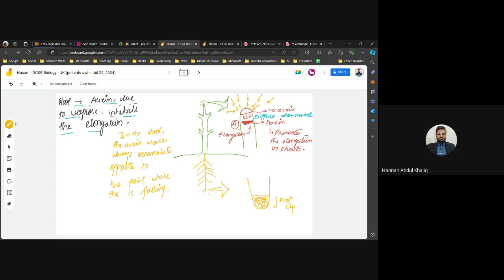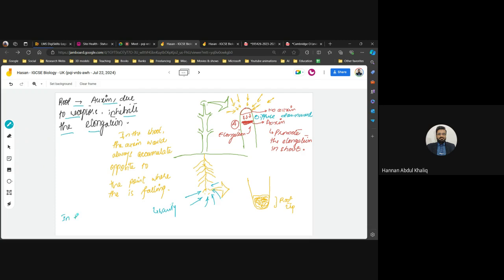Now, if you imagine the gravity falling from all directions, all the gravity is basically acting at this point. Now, please focus here.